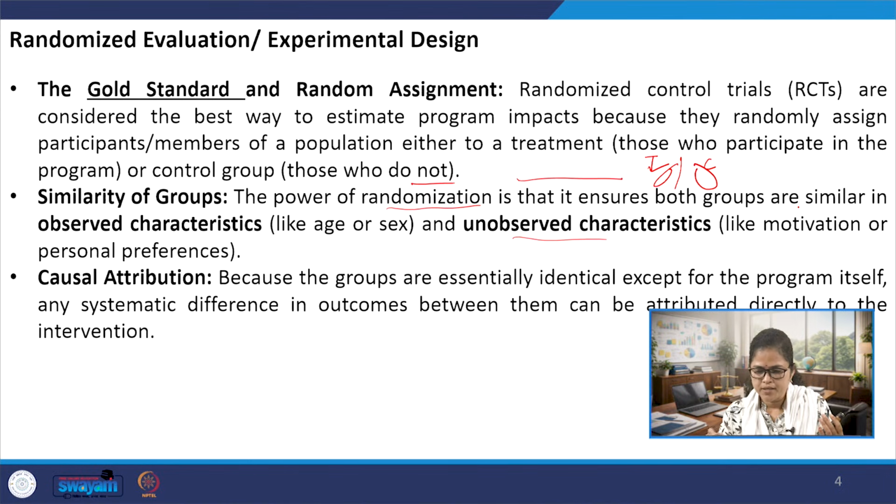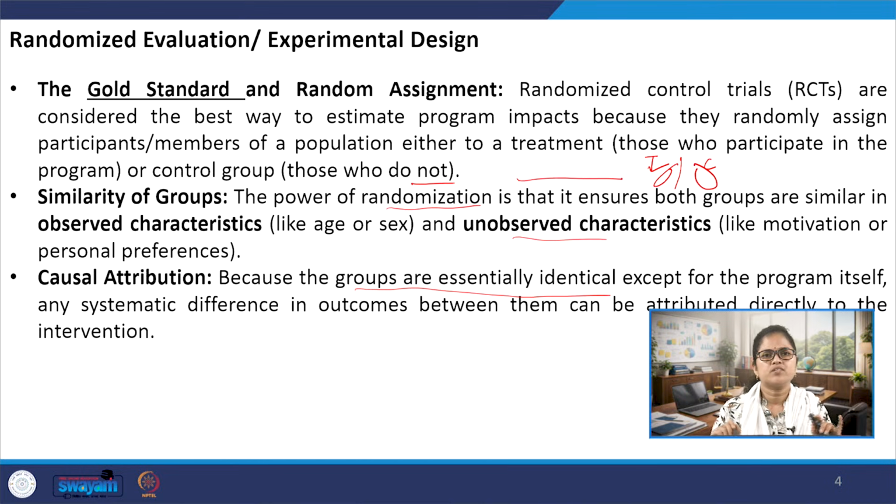Since we have ensured that both groups are of similar nature, we can say that they are identical, except for the intervention, the program or policy considered, which may make a difference in outcomes between the two groups. The difference in outcomes can directly be attributed to the intervention. That is what is known as causal attribution.